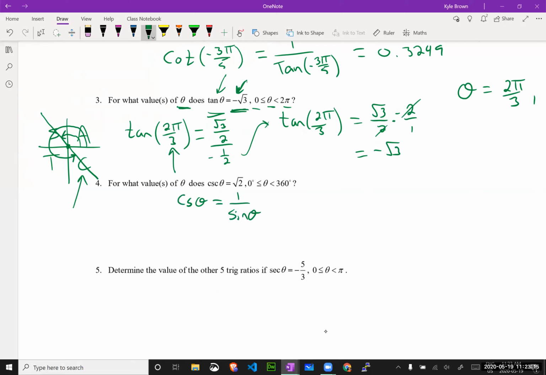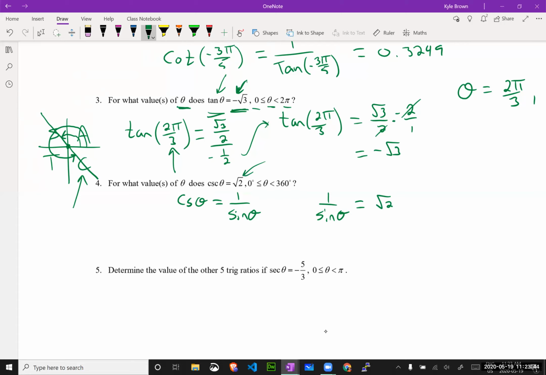That's the same thing. So 1 over sine theta is equal to root 2. That's just saying the same thing that we just did there.